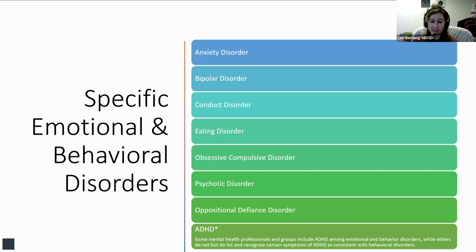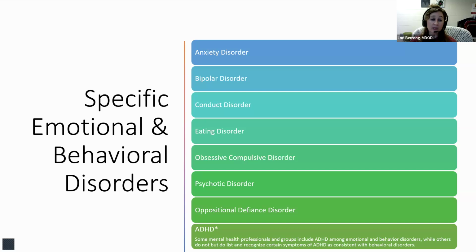So what I want to say about ADHD is that some mental health professionals do include ADHD as an emotional behavioral disorder. Others don't, but they recognize there are certain symptoms and characteristics of ADHD that are really consistent with emotional behavioral disorders. So just kind of keep that in mind.